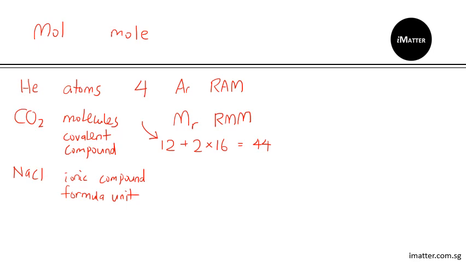So in this case, it's a relative formula mass, and the short form is still Mr. Again, I simply add the relative atomic masses of sodium and chlorine together. Sodium is 23, chlorine is 35.5, and that gives you an Mr of 58.5.